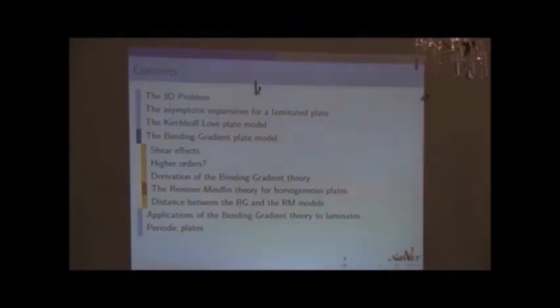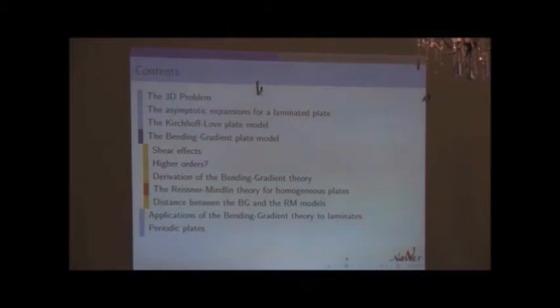We made a long path in order to derive this very tedious, terrible plate theory involving the gradient of the bending moment, which is the generalized shear force. Actually, I will show now that this complicated plate theory just turns into the original Reissner plate theory when the plate is actually homogeneous.